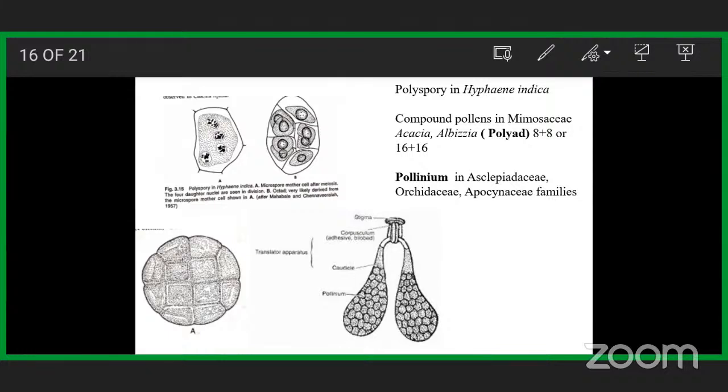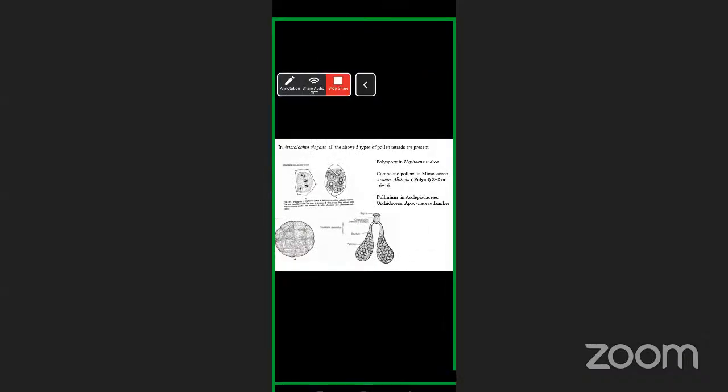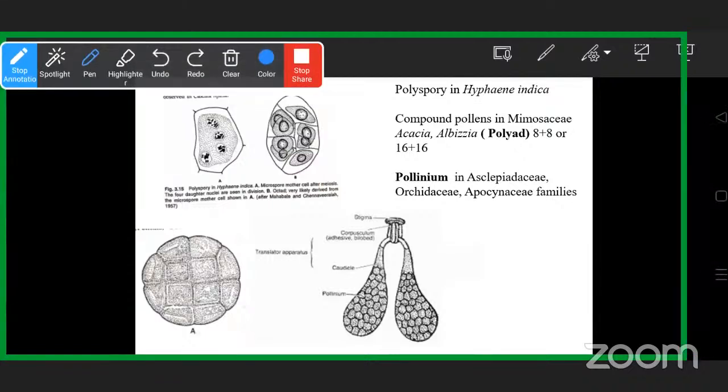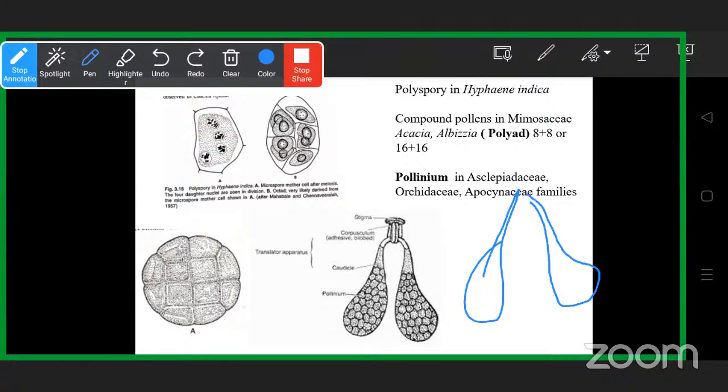And just you can see here, there is another type, you can see in the Asclepiadaceae family, pollinia, of the pollen sacs. It is a combined type.